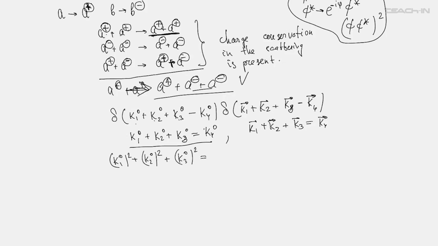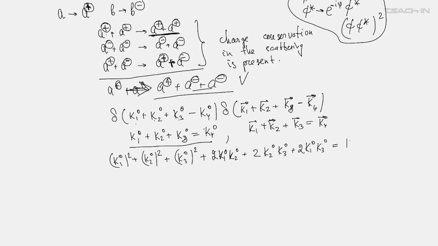Now, in addition, no, this is not the end, of course, sorry. What I'm saying is that you just square, so you will also get, of course, cross terms. And this is K40 squared, right?